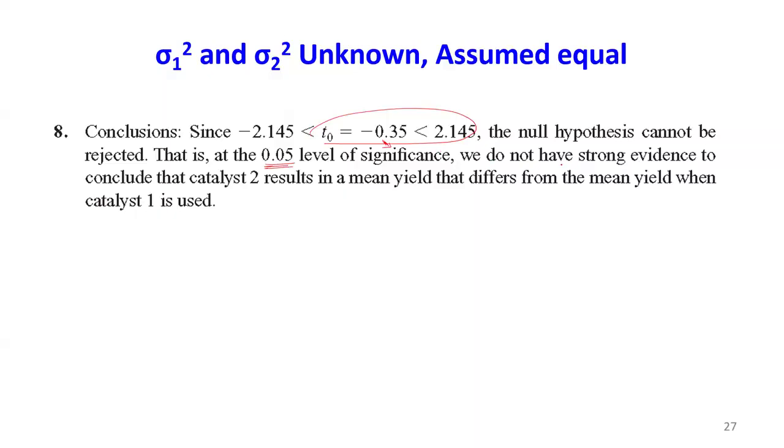So we can infer that we do not have strong evidence to conclude that catalyst 2 results in a mean yield that differs from the mean yield when catalyst 1 is used. So it says that at 0.05 significance level, you do not have strong evidence to prove that they are different. So that means your null hypothesis has been rejected.